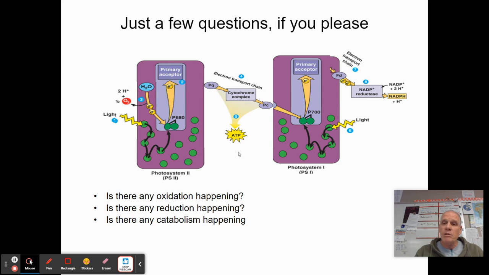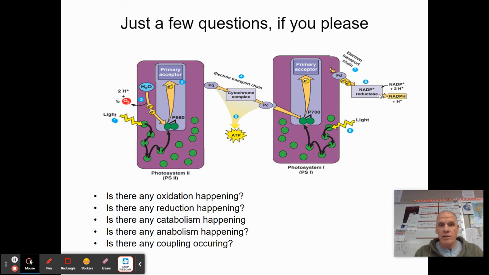Is there any catabolism happening? Is anything being broken down? Yes, we're breaking down water. Is there any anabolism? Are we building anything? Yeah, we're going to be making ATP from ADP plus phosphates, and we're also going to be making NADPH. So those are all anabolic happenings. Remember, we're coupling these. The breakdown of one molecule is going to release some energy, which is going to allow for the building of another molecule.